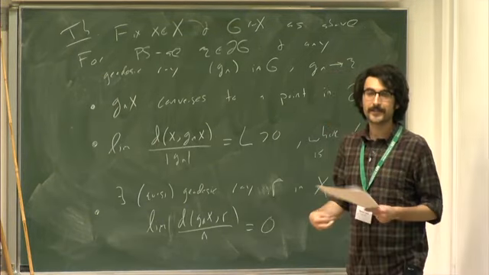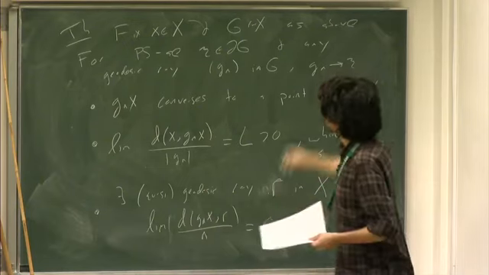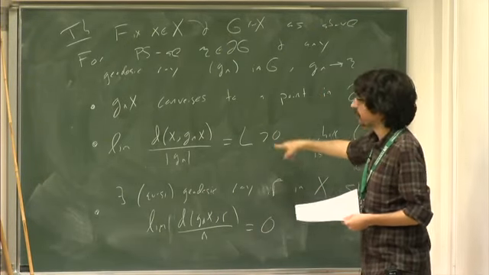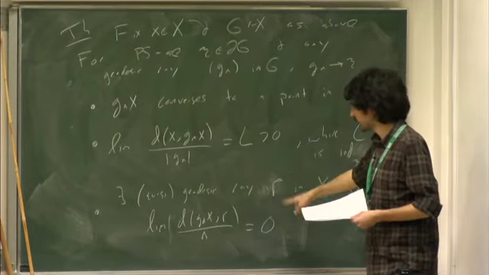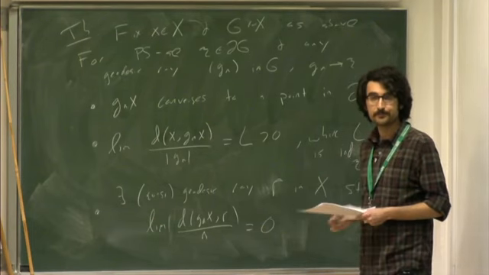So typically, a geodesic ray converges to a point at infinity, goes at a linear rate, and stays within a sublinear distance of an actual geodesic ray.